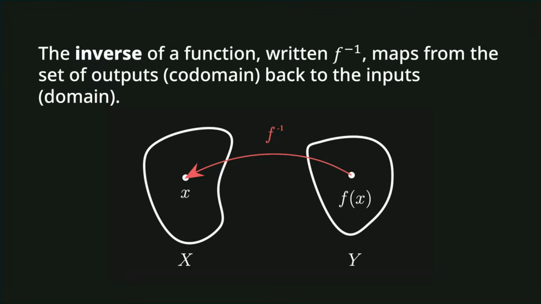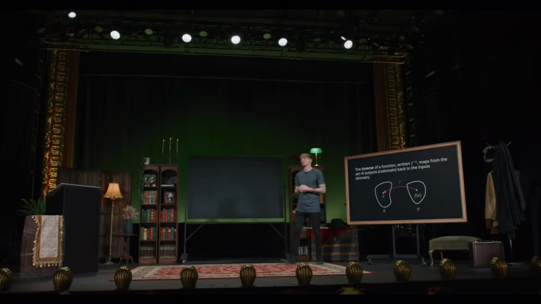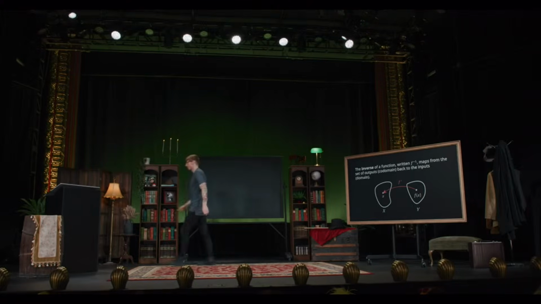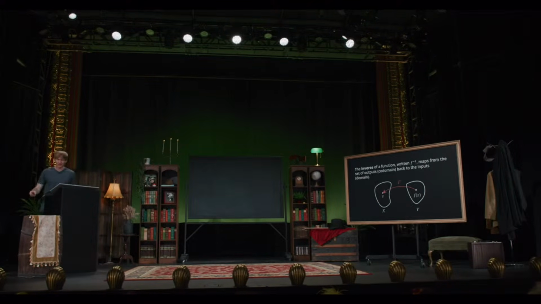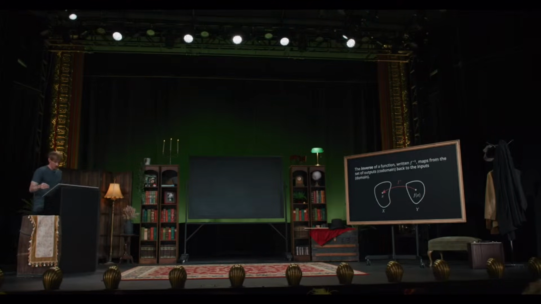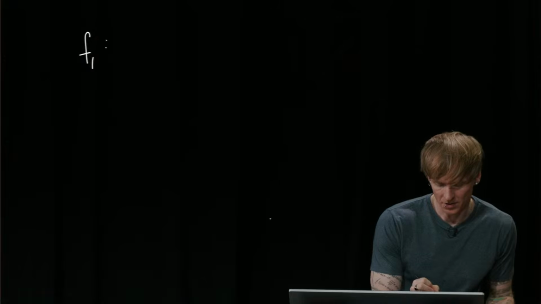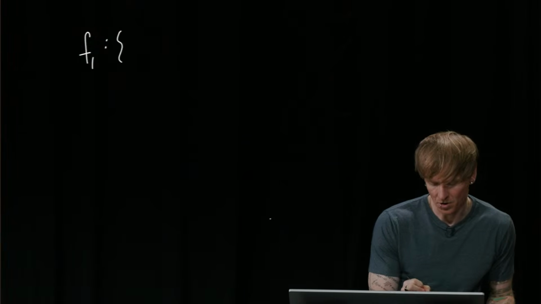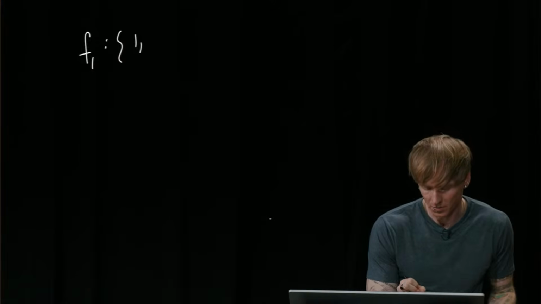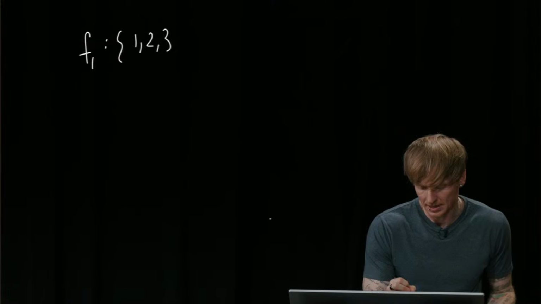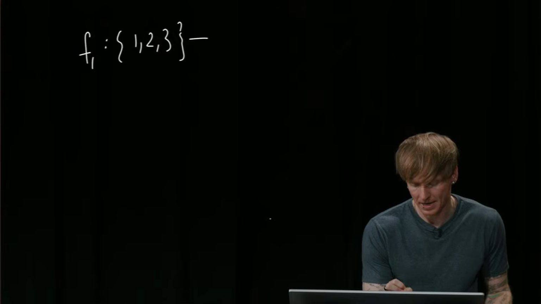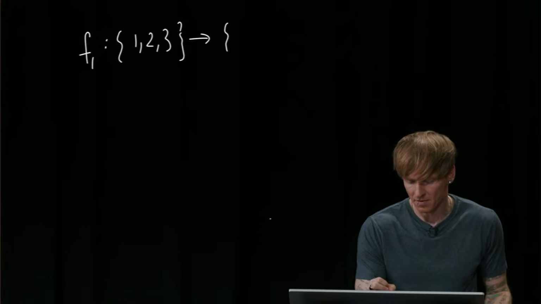So let's head over to the board and have a look at some examples of actual inverse functions. Based on the functions that we have looked at previously, one example we could do might be the function f1 going forwards, from 1, 2, 3 as our domain, mapping into, let's say, 3, 4, 5.